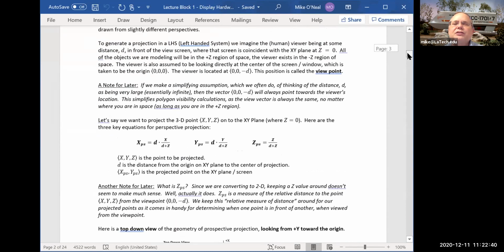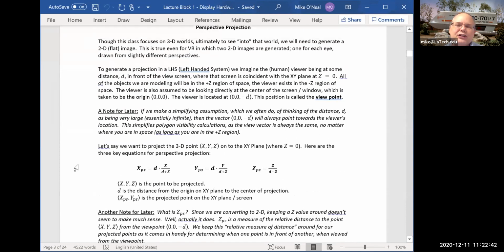What we do is we use perspective projection. These are the first equations that you're going to need in your programming assignment.